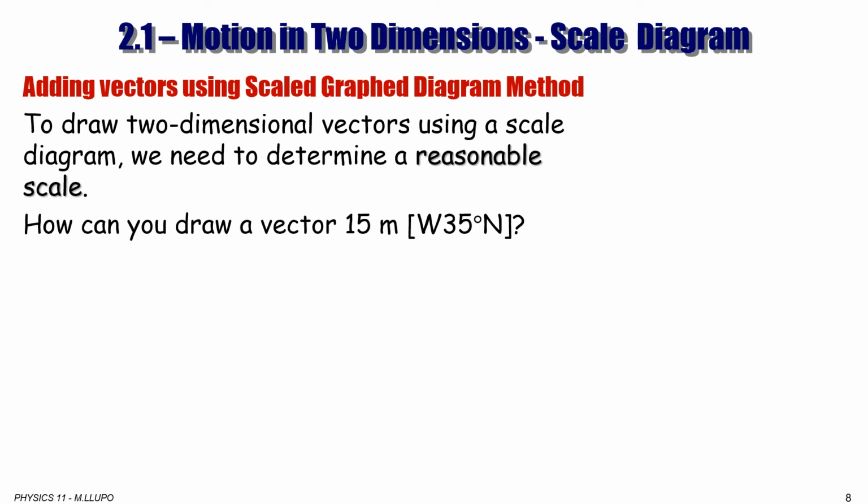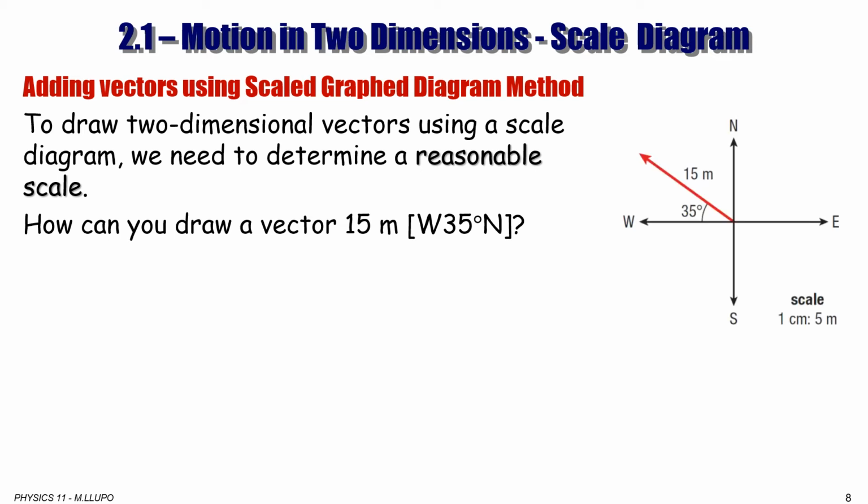To draw a two-dimensional vector using a scale diagram, we need to determine a reasonable scale. For example, if we need to draw a 15-meter vector, you don't have a 15-meter paper to draw it. So you have to decide what would be a reasonable scale to use in order to draw the vector on a paper, so that the vector represents 15 meters.